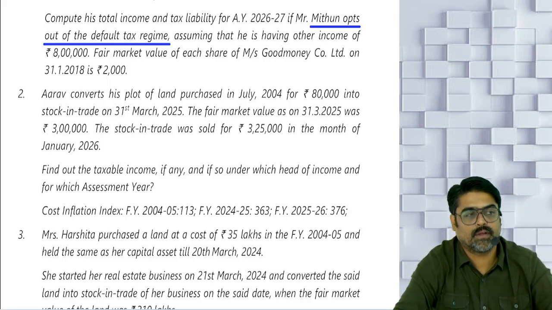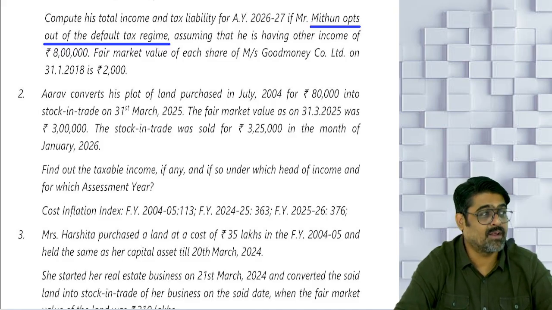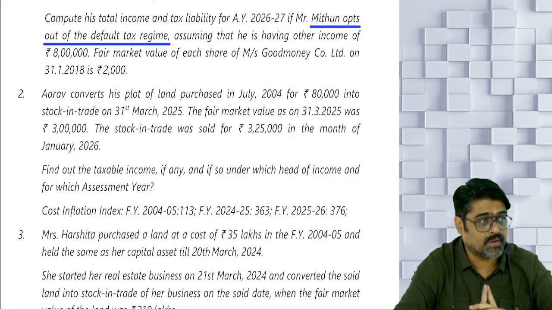CII also given. Meaning what? Indexation will be there or will not be there? Not necessary. Sometimes they can give you CII to confuse also. And maybe in this question they might confuse you. Don't forget whatever we have done.